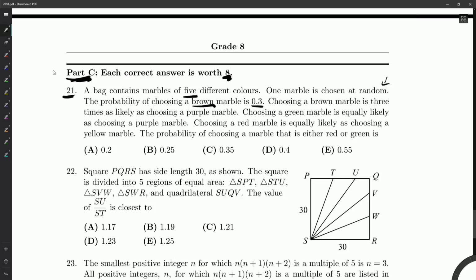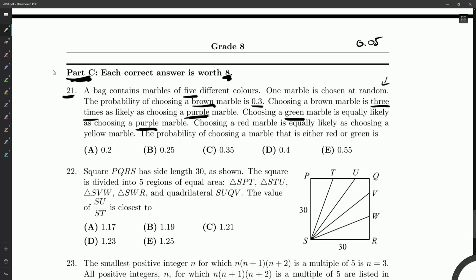Choosing a brown marble is 3 times as likely as choosing a purple marble. Choosing a green marble is equally likely as choosing a purple marble. So green and purple, same amount, same probability. So if there was a 5% chance of getting a green marble, there'd be a 5% chance of getting a purple marble. And of course, those are both 0.05.